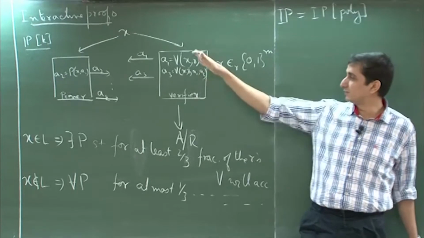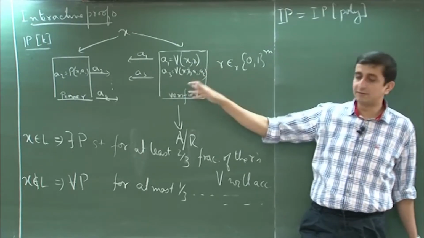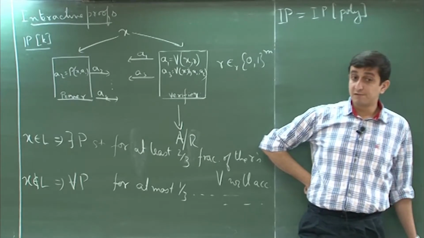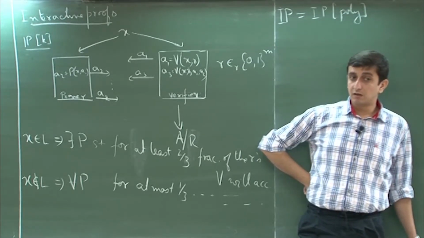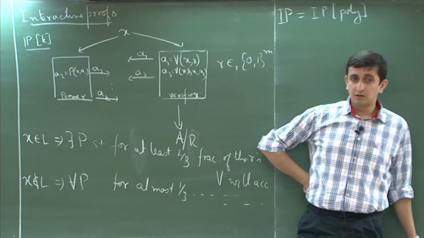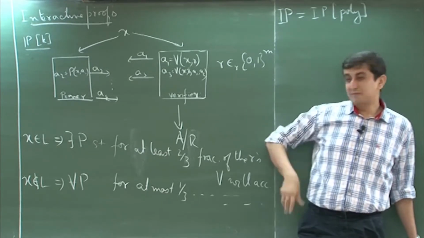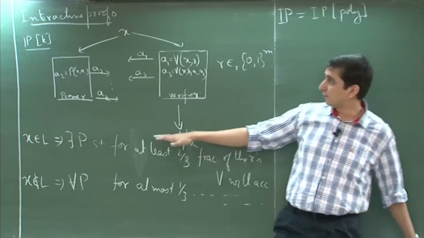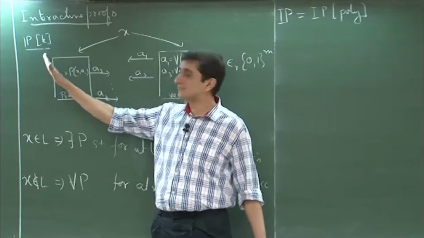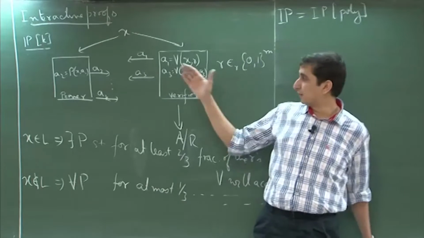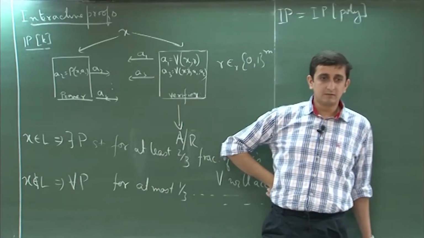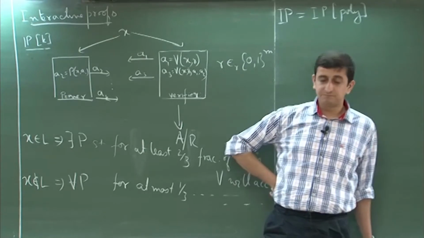So, we can always assume that it is the same r that the verifier has access to. Which one? M. Yeah, whenever we talk about an IPK, we are fixing k. So, we want the number of rounds to be bounded by some k.